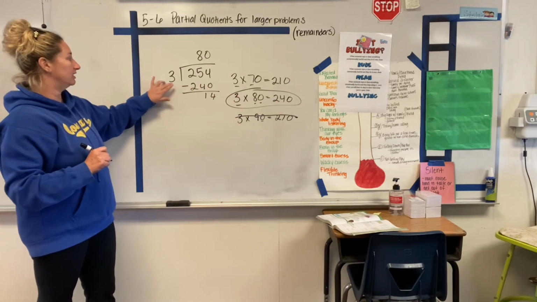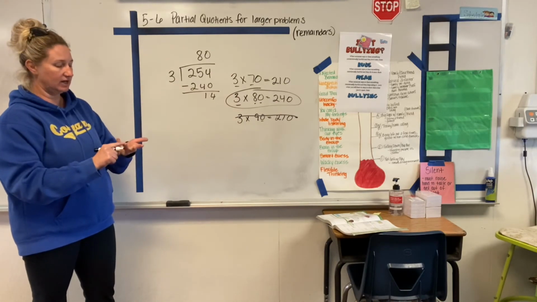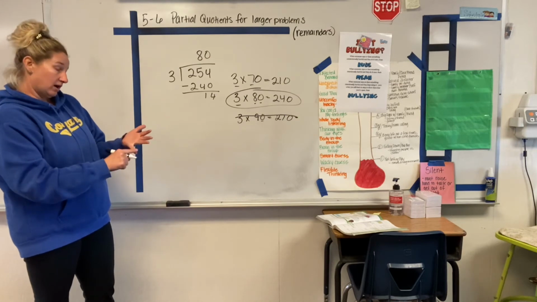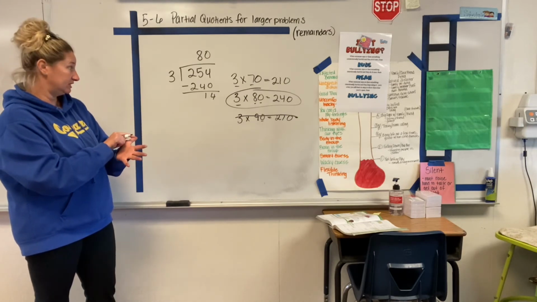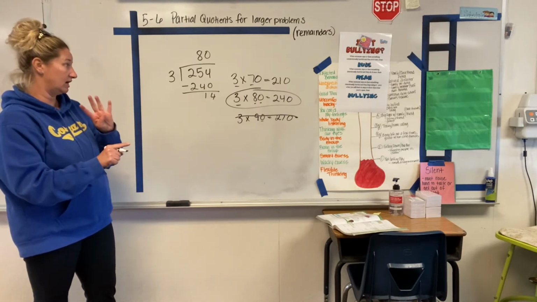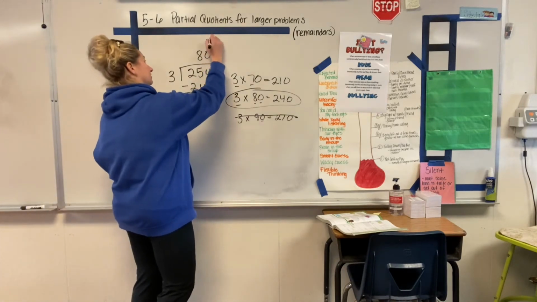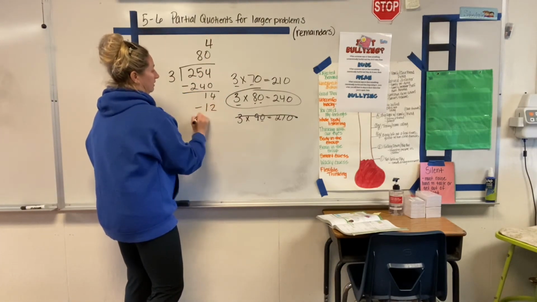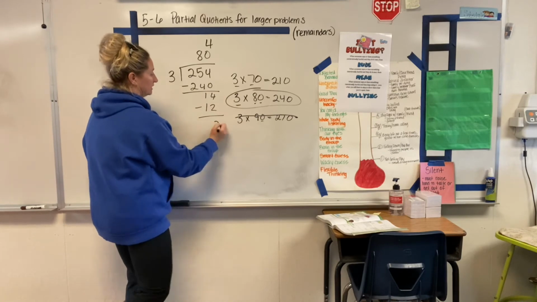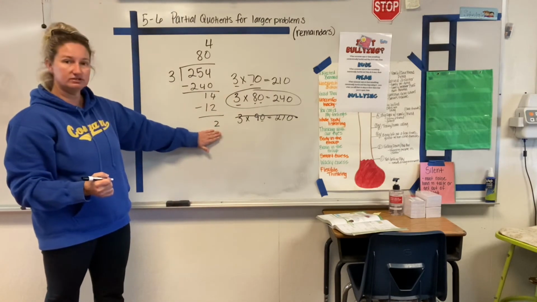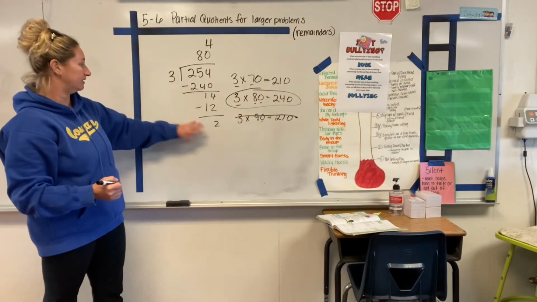So let me count by 3s. 3, 6, 9, 12, 15. 15 is too many, so that would be 4 times. 4 times 3 is 12. Then I subtract and I get 2. Now 3 can't go into 2 because 2 is smaller than 3, so I have to stop here.